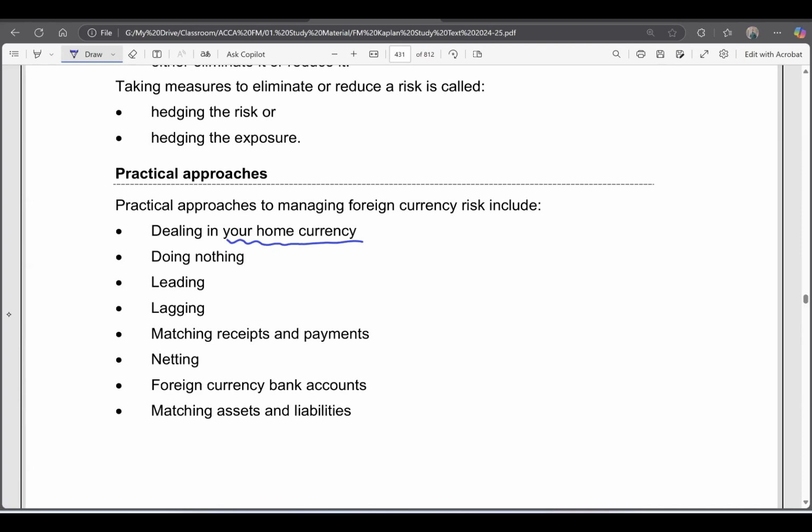Like if you're a UAE-based company, tell your customer, we only accept dirham. Tell your supplier, we will only pay in dirham. So it avoids all the exchange rate risk altogether. You don't have to translate your currency, right?